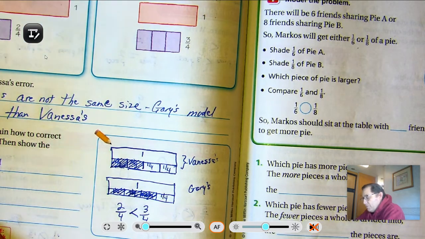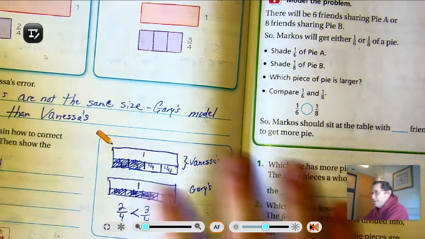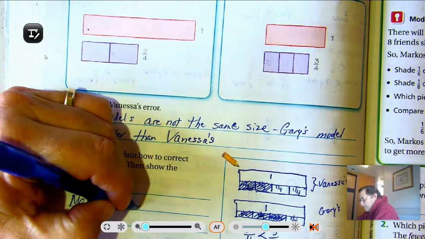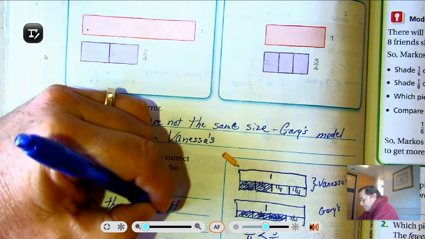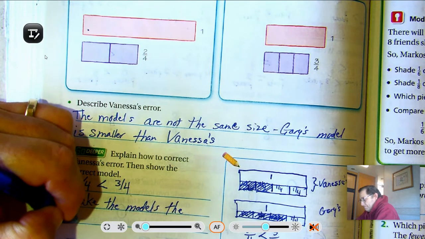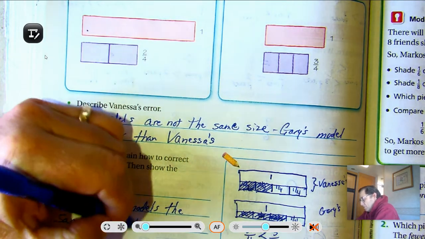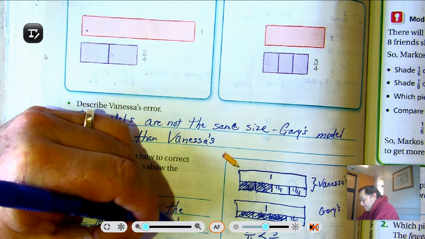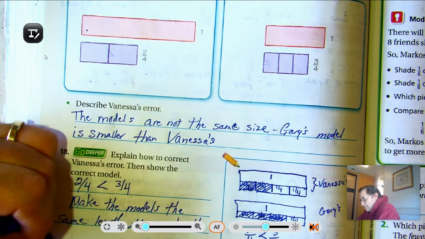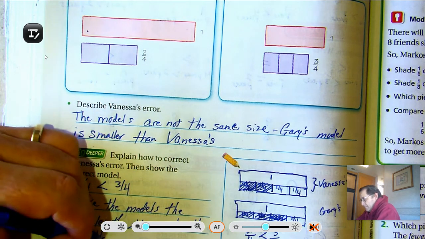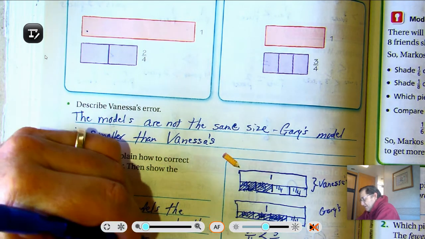So how can we explain how to correct her error? We'll make the models the same length. Also make the fourths the same size.